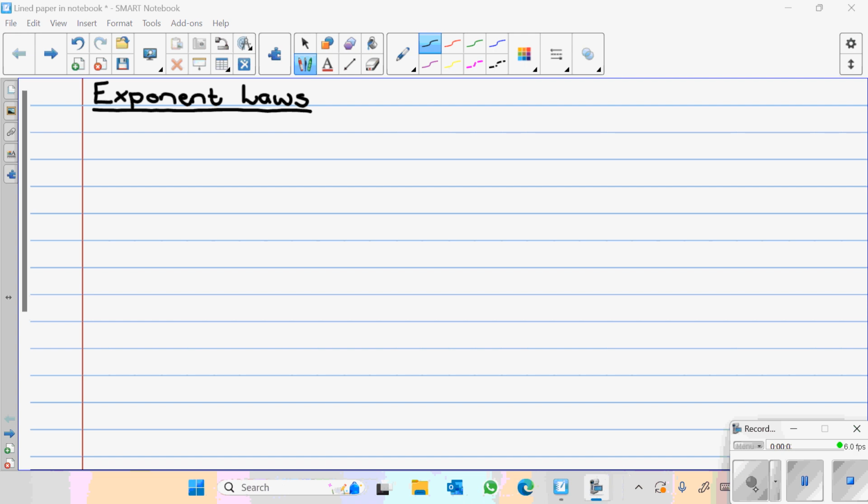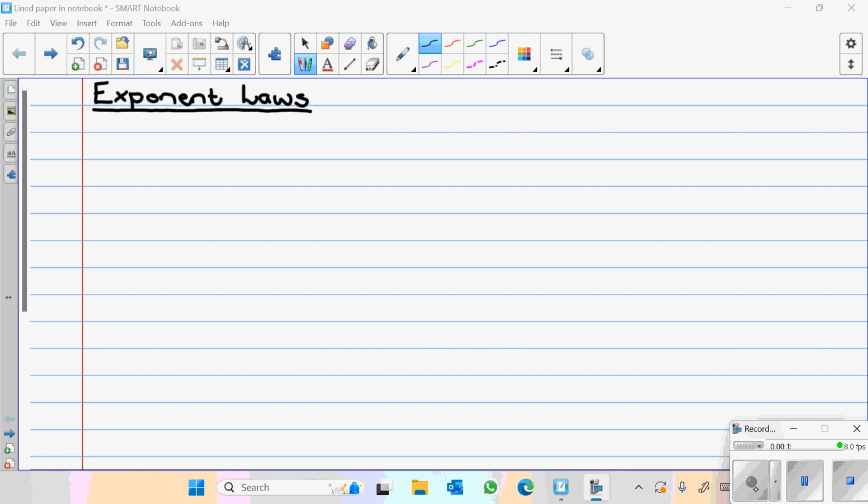Good day. We are continuing with our exponent laws, and we are going to look specifically now at the laws where you have an exponent that is raised to another exponent.